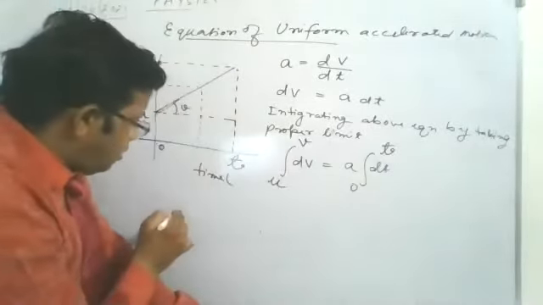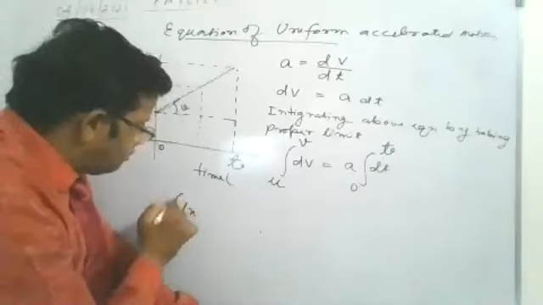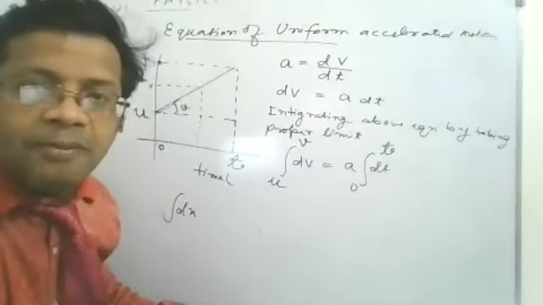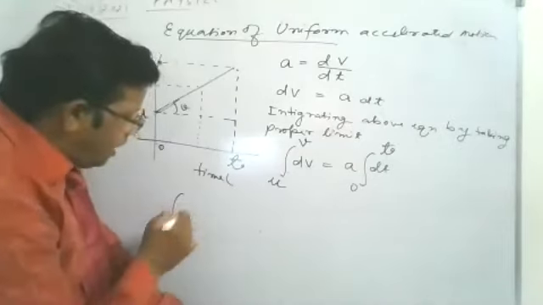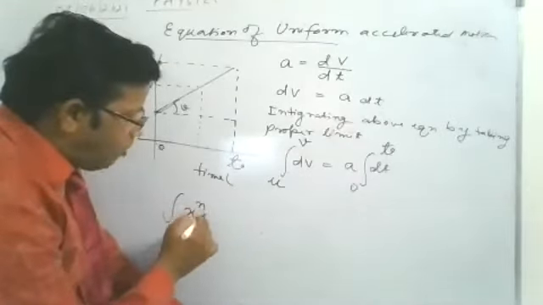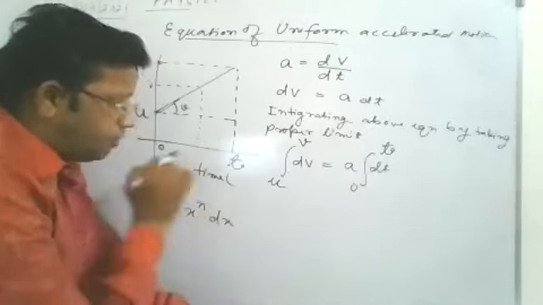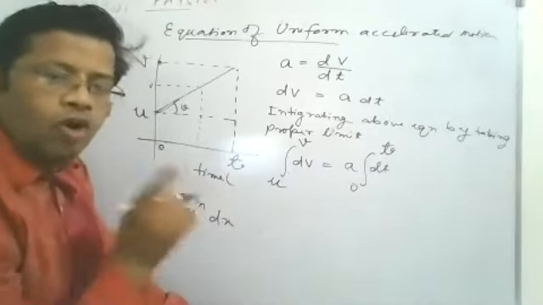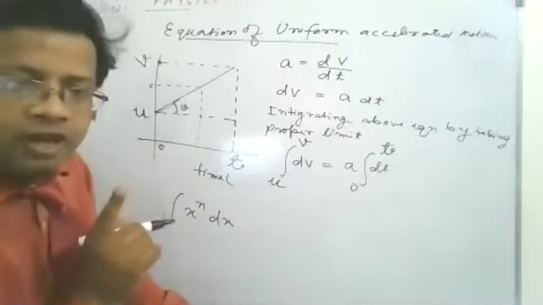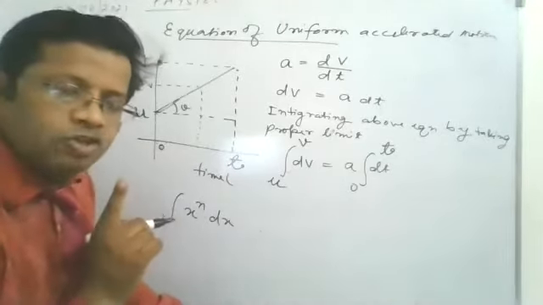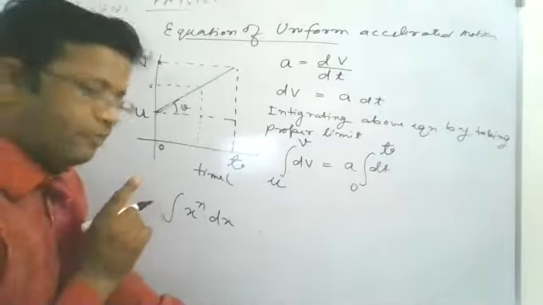But see here, for any constant quantity times x to the power n dx, you can see my video on integration where I have explained each and every part of integration. You go through that video.